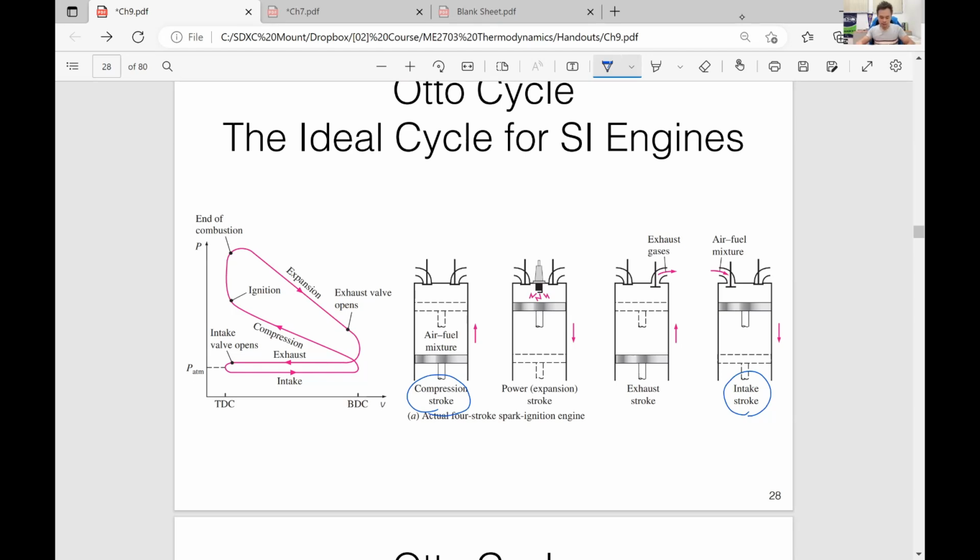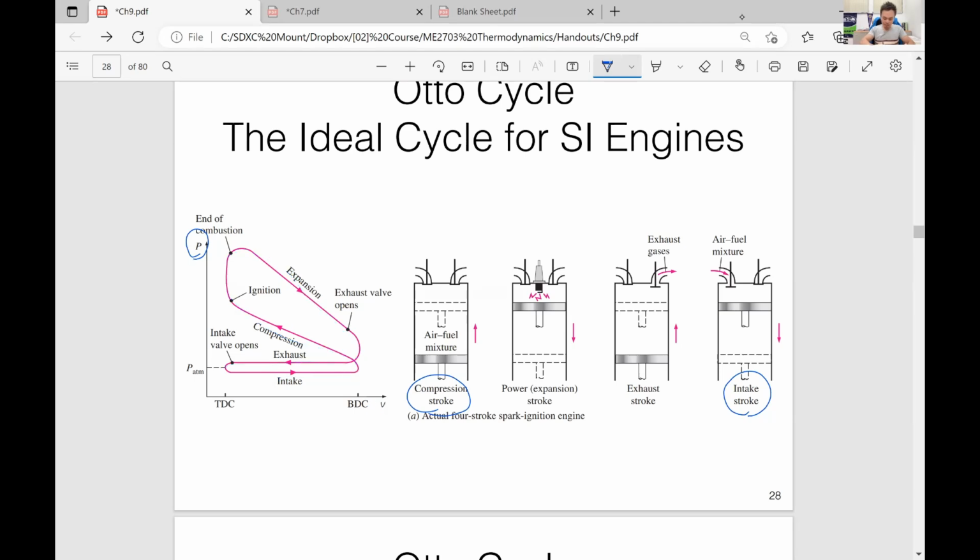All right. So look at the PV diagram here. This is the real process curve. This pink solid curve is a real process curve. As you can see, this curve looks a little bit complicated.